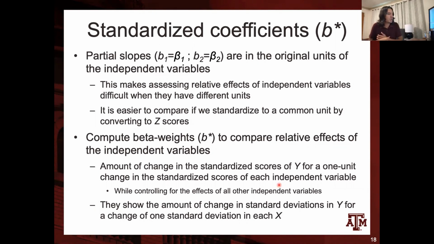Another way to interpret it is that they show the amount of change in standard deviations in y for a change of 1 standard deviation in each one of the independent variables. See, this interpretation is not as easy to understand as when we had the original units of age and education group, because that was easy to understand.